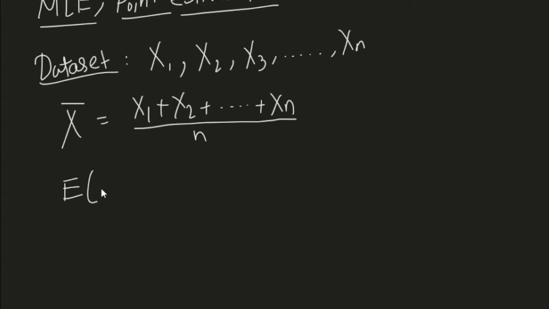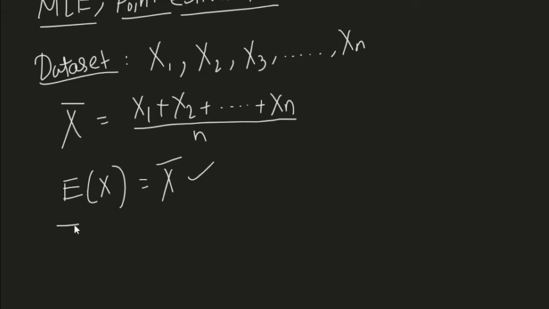The average, or the expectation of the data set, if the data set is discrete here in this case, is basically equal to the sample mean, right? And this sample mean is the best estimator for the population mean.